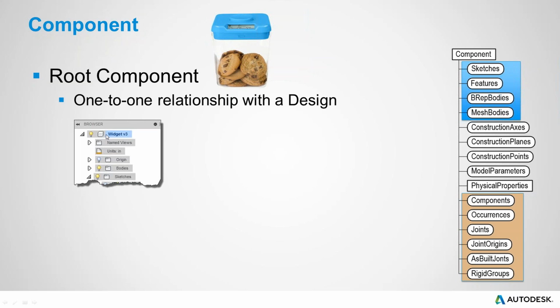That widget represents the root component. So you have a document, and then inside that document you have the root component container, and that's going to contain everything else. So that root component is very important.